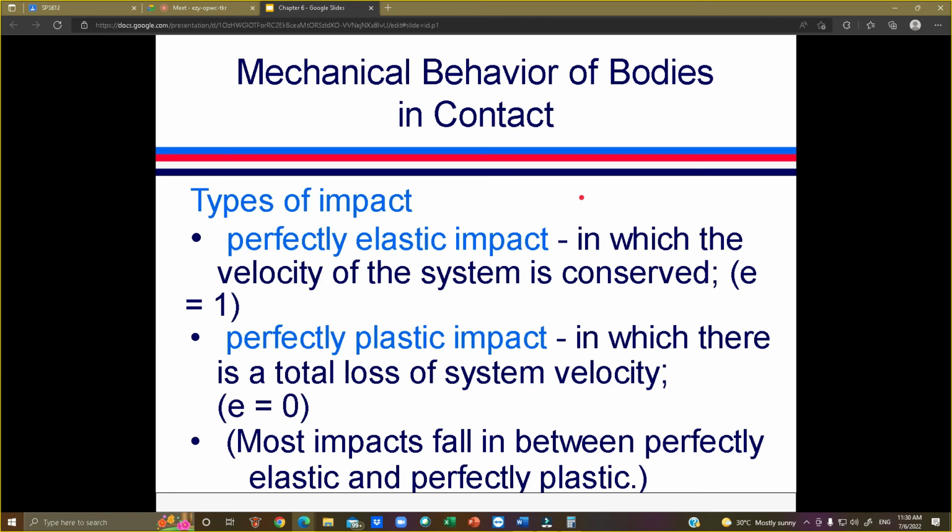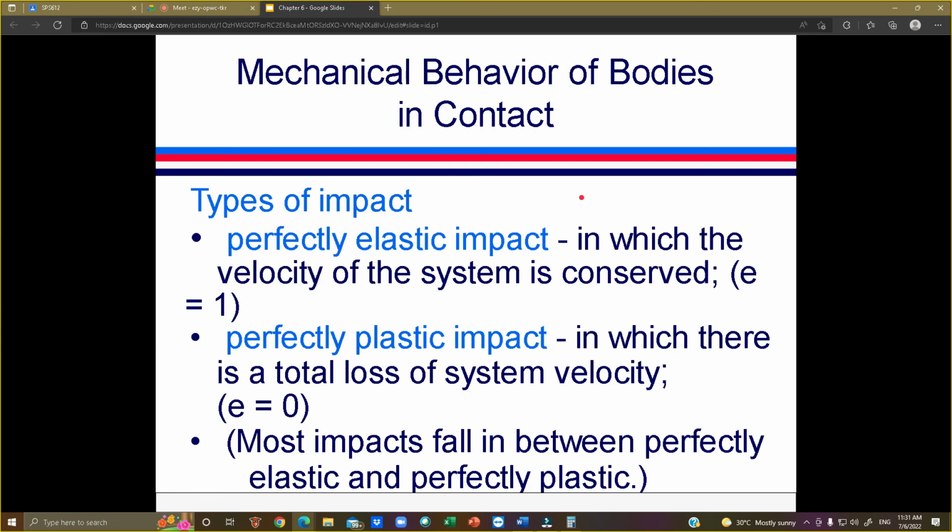Dia takkan ada lebih pada 1, takkan ada kurang pada 0. Dia akan duduk tengah-tengah. Most of the time when we calculate the coefficient, it will end up nearing to 1 or nearing to 0, where if the number is menghampiri 1, we know that it is near to elastic impact.